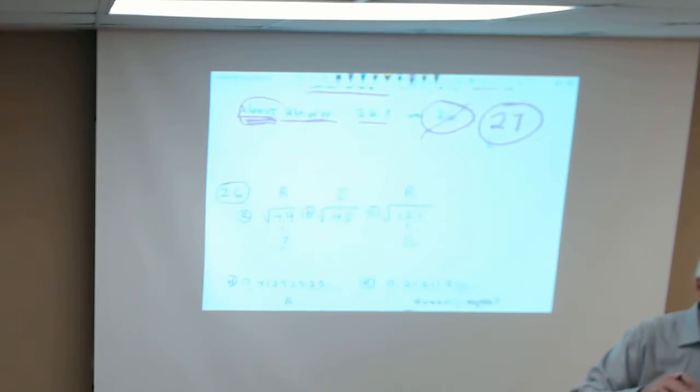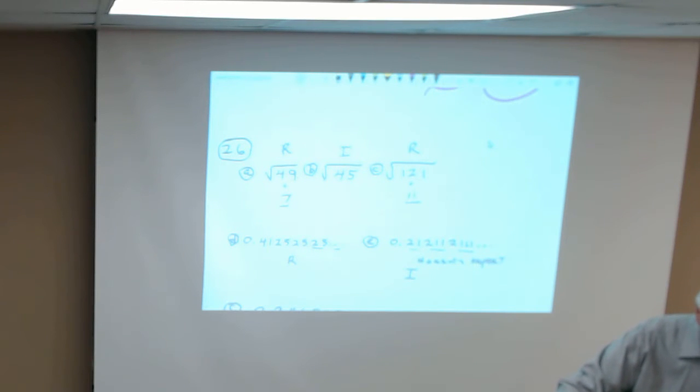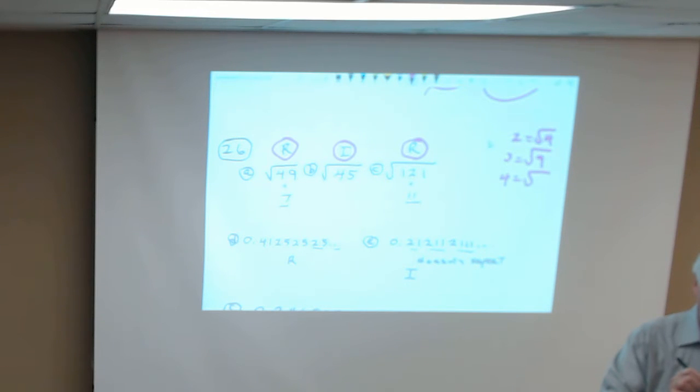Number 26. Classify the following as rational or irrational. Do you have your little chart of perfect square numbers? 2 is the square root of 4. 3 is the square root of 9. 4 is the square root of 16, and so on.